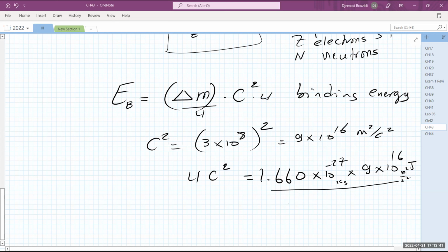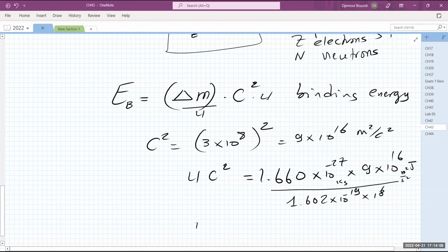Actually, I want it to be in electron volts. So I'm going to divide by 1.602 times 10 to the negative 19. So the answer is going to be in electron volts, because this is how many they are in 1 joule. Okay, but again, I'm going to multiply this number by 10 to the power 6, because I want it in megajoules, not in joules.